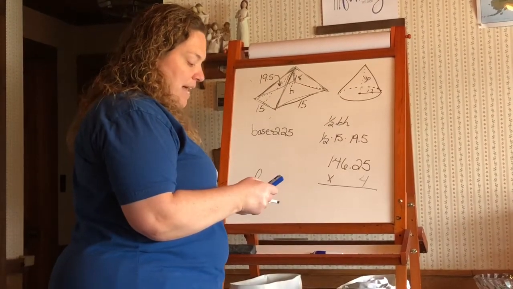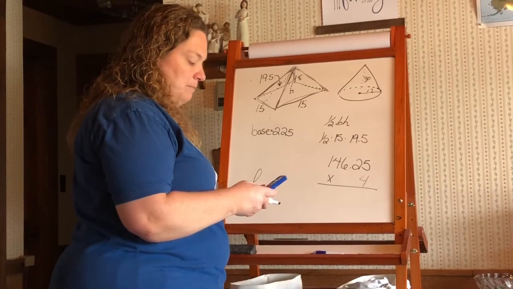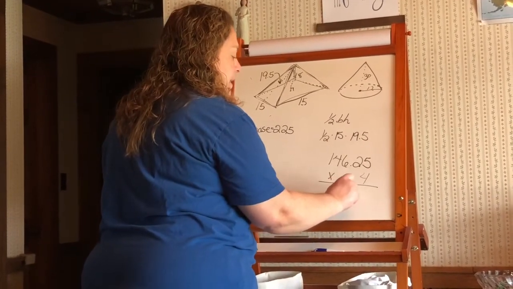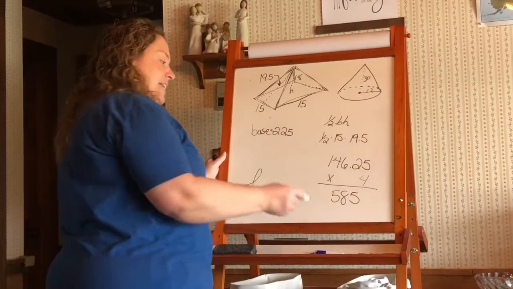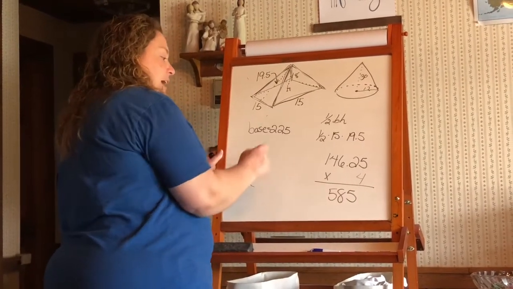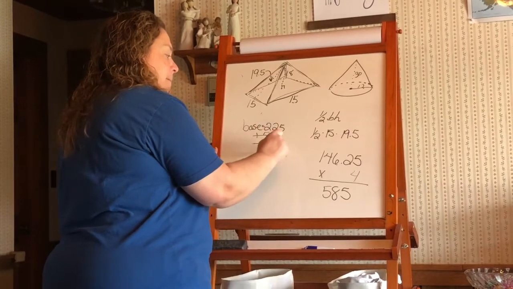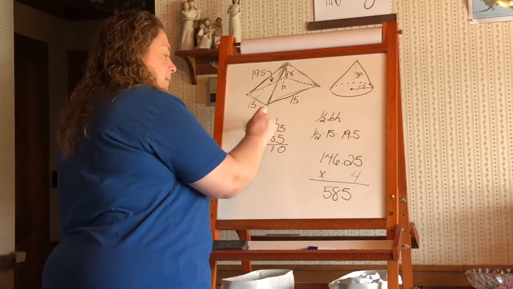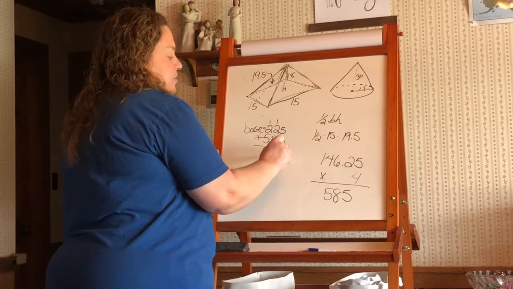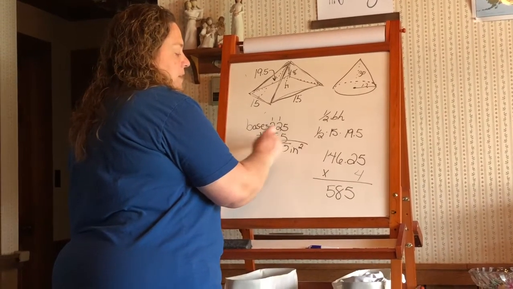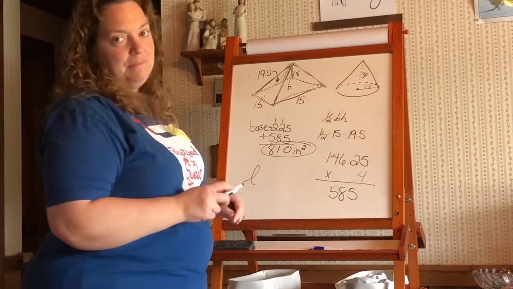So I'm going to take that times 4, which gets me 585, and I just add that to the area of the base, and I get 810. The units of measure is inches, and it's squared because it's area.